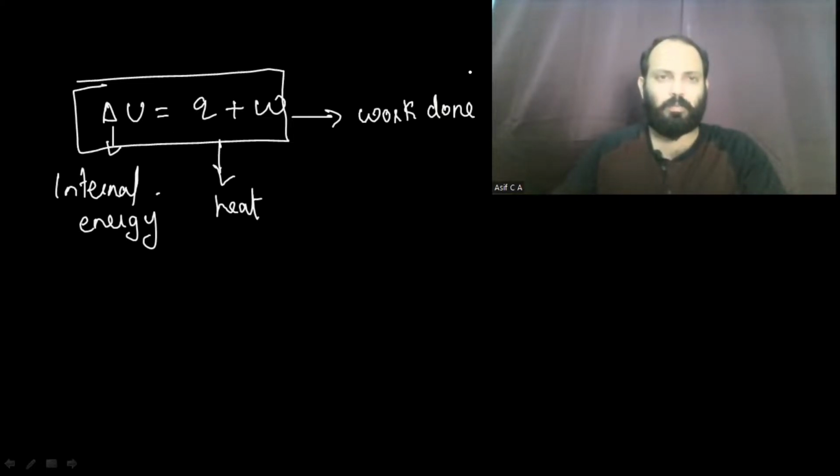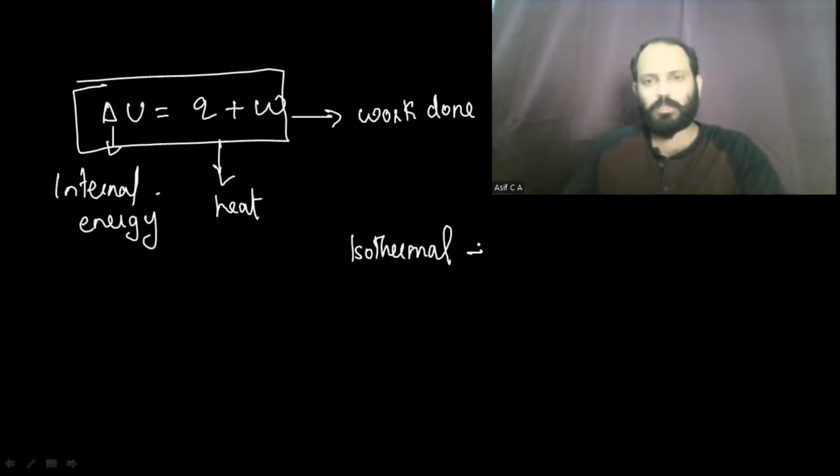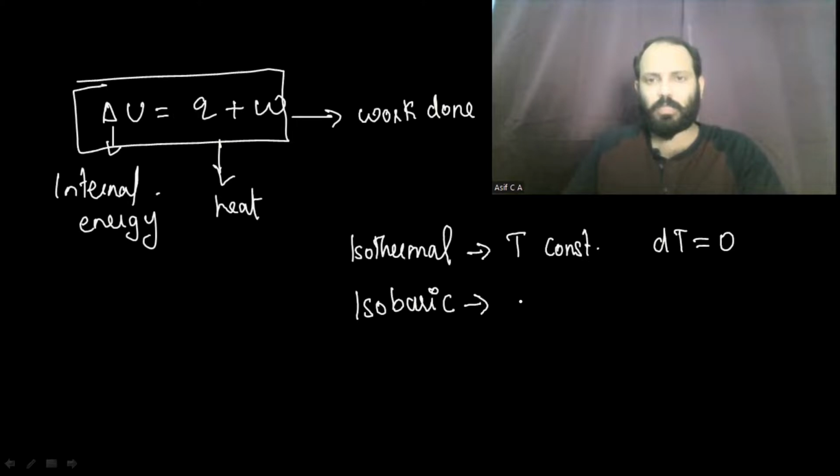In the first chapter you need to know some processes. What is an isothermal process? It is a process where temperature is constant. So delta T becomes 0. Now, what is an isobaric process? Baric means pressure will be constant, so dP will become 0.